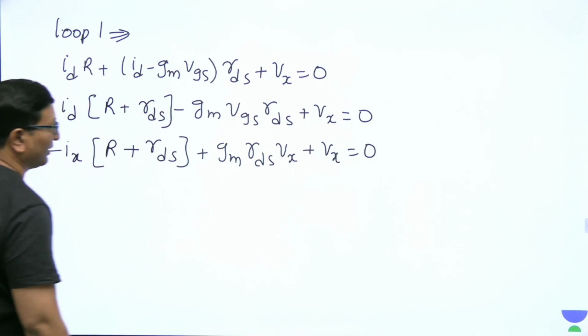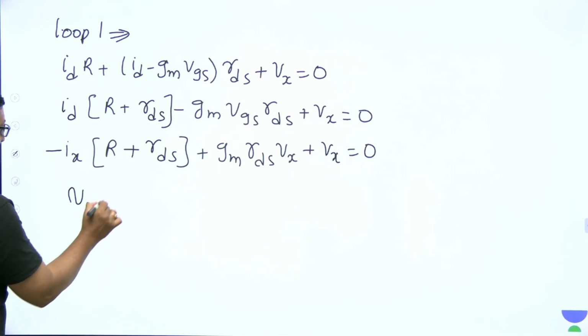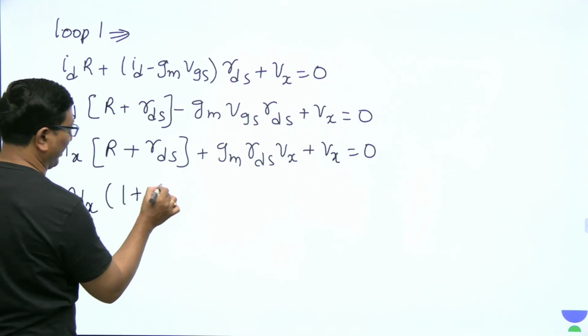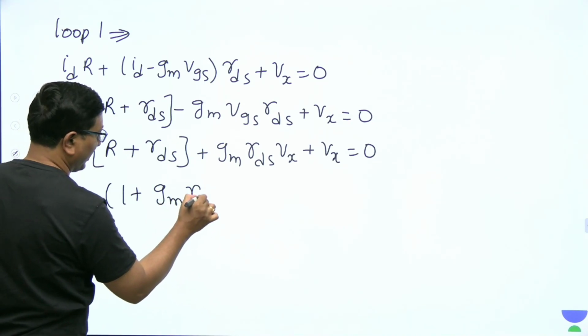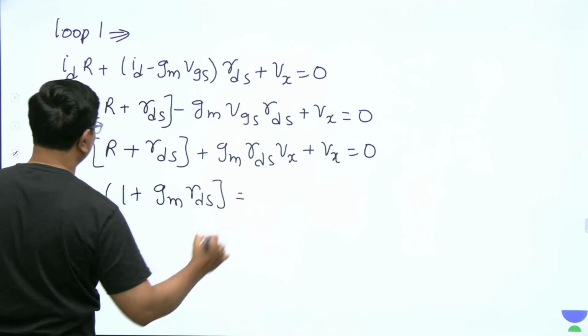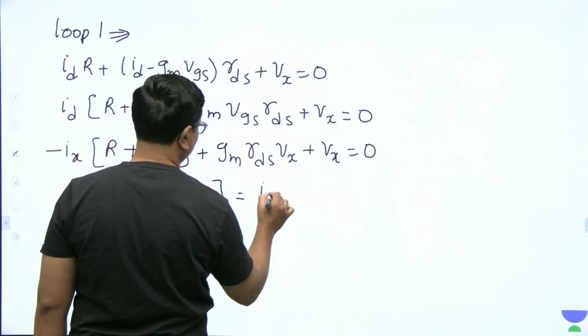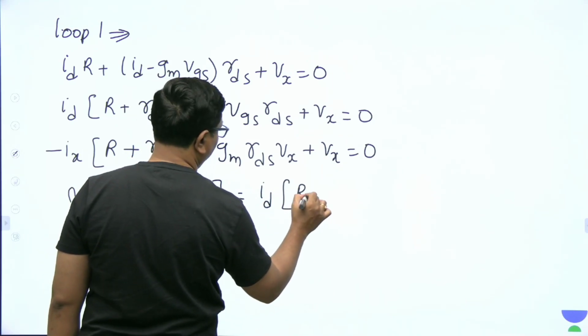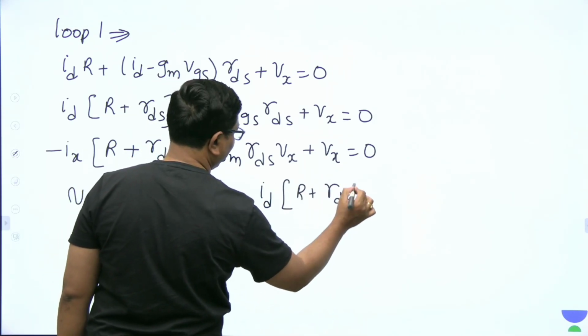So further I can write Vx into (1 plus GM into RDS) is equal to Ix into (capital R plus RDS).